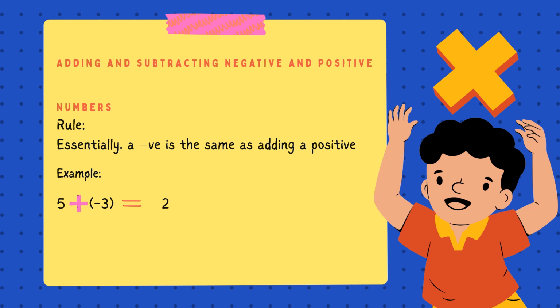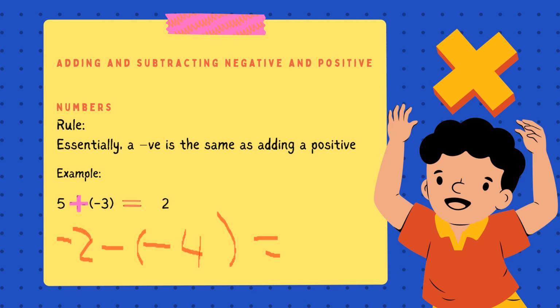You have negative 2 minus negative 4. What's this answer? Now, this is a negative 2 minus negative 4 equals what?